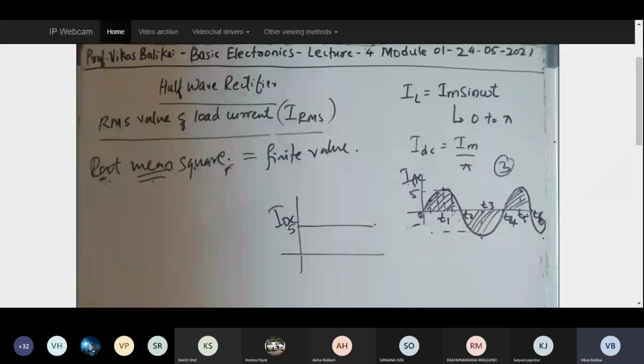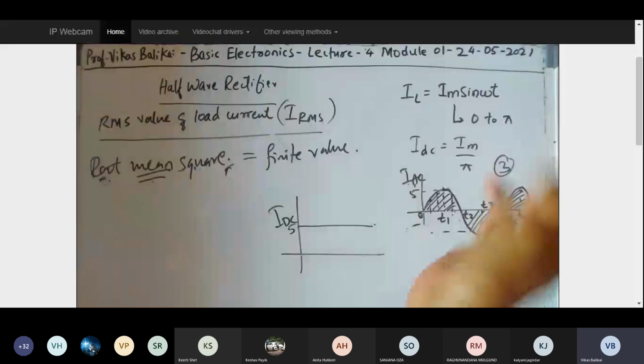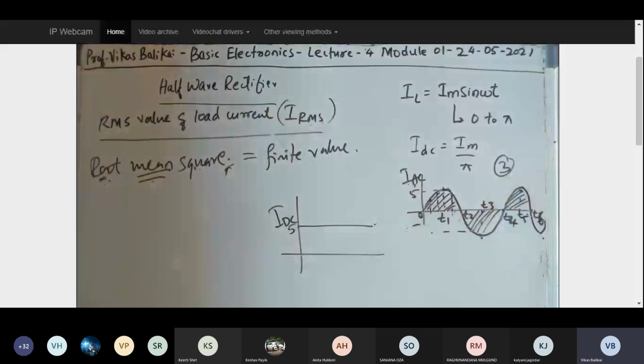Or in other words, I can say the RMS value of AC is the direct current which, when passed through a resistor for a given period of time, would produce the same heat as that produced by alternating current when passed through the same resistor.